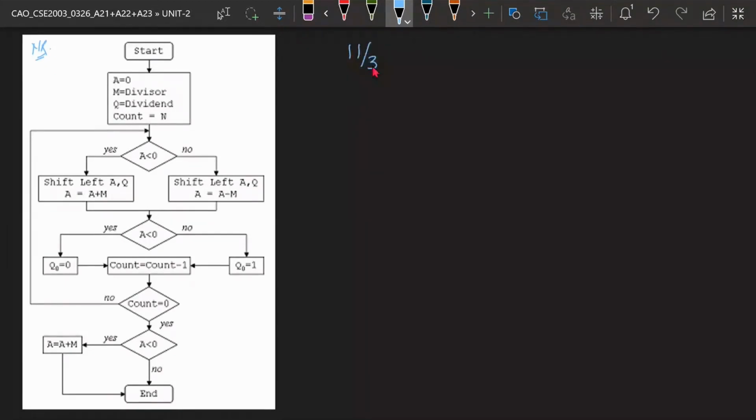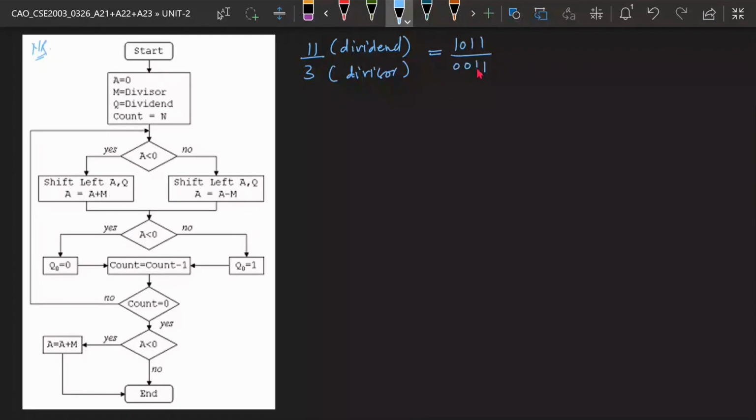This 11 is the dividend and this is the divisor. 11 in decimal, if we write it in binary, is 1011, and similarly 3 will be 0011. So this is the binary representation of 11 and 3.